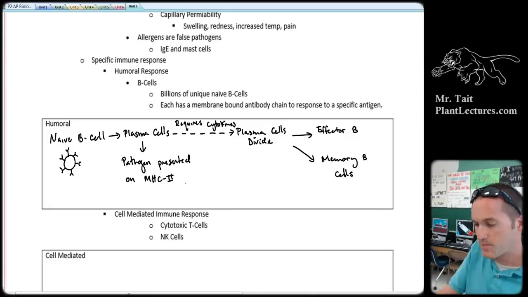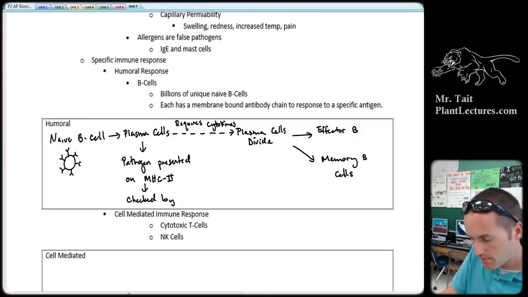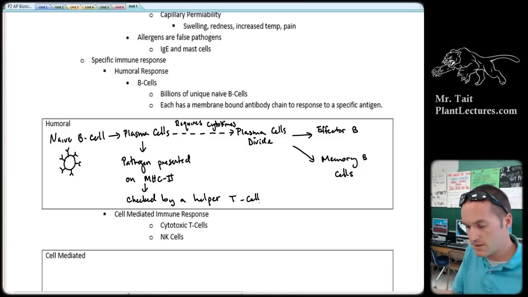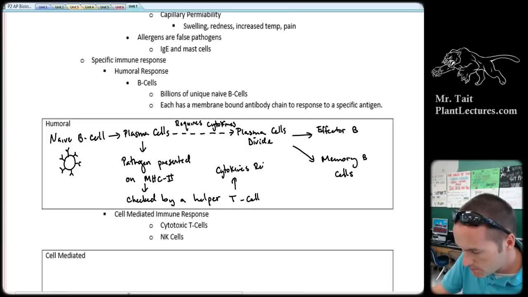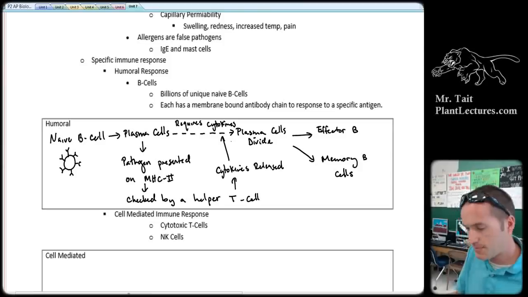And as it presents that thing on the MHC2, that gets checked by a helper T. And if that helper T cell is happy with what's going on, it's saying, good job, you found a bad thing, that helper T cell then releases cytokines, which then allows for this to happen, right?